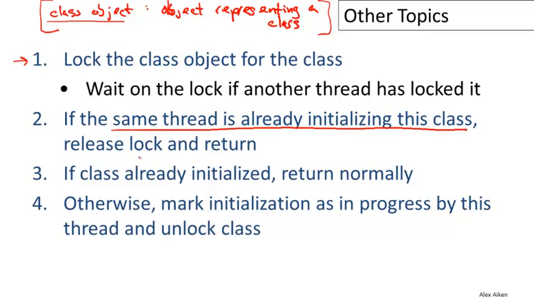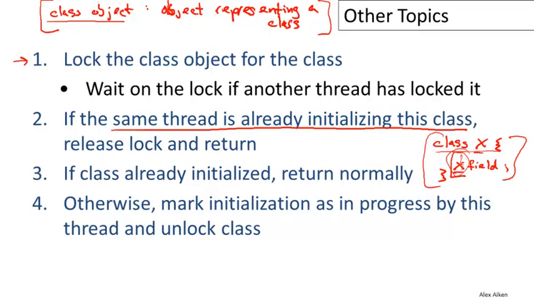And how could that happen? Well, remember that a class can have fields of the same type. So I could have a class called X, and then it could have a field of type X in it. The way classes are initialized is that we initialize the class itself, and then we do that by recursively initializing the classes for all the fields, or at least making sure that the classes for all the fields are initialized.